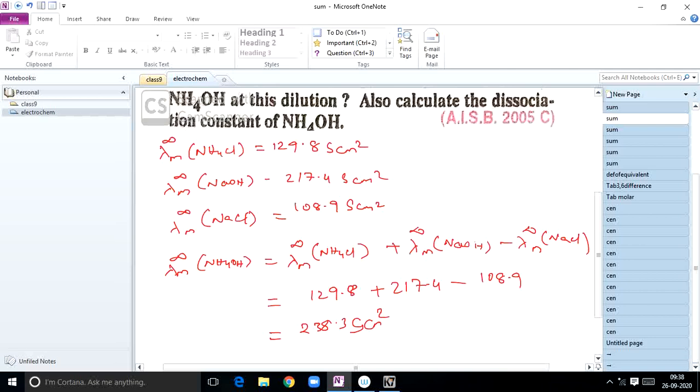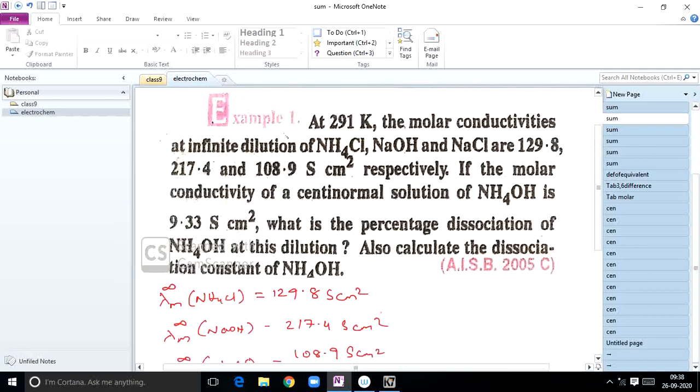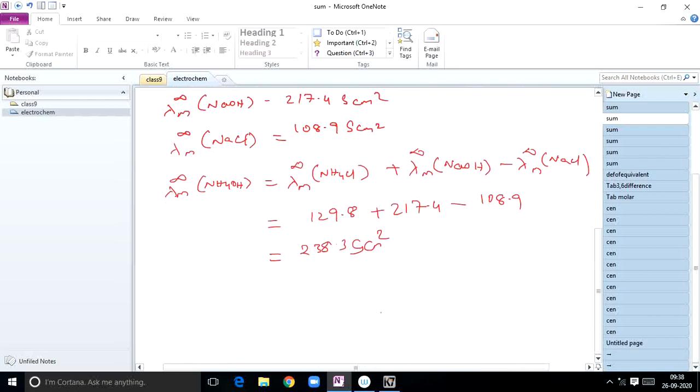Next, what is he asking in the question? After calculating this, lambda m naught value is given, and lambda mc, the molar conductivity at a given concentration of the electrolyte ammonium hydroxide, is given.